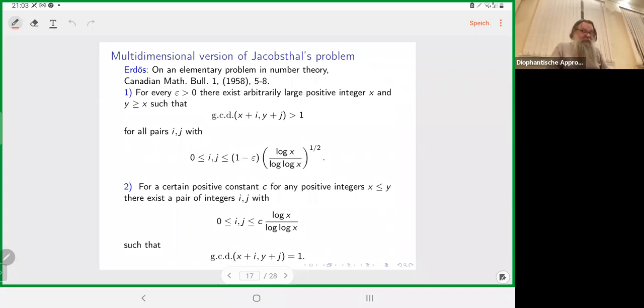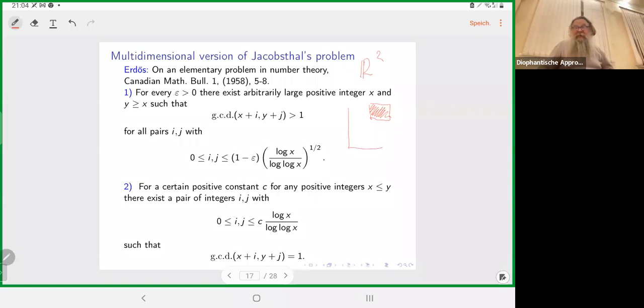What does the Erdős paper deal with? Look, again we consider R2. In R2, we consider a square which consists of non-primitive points.